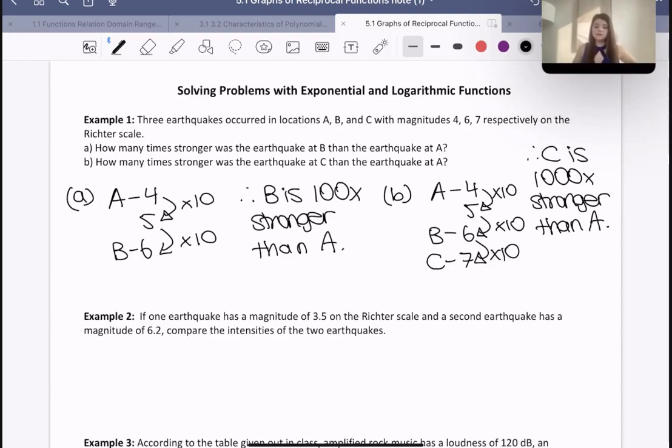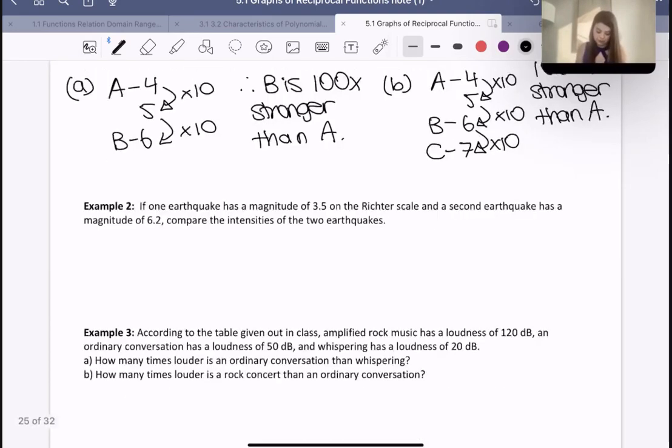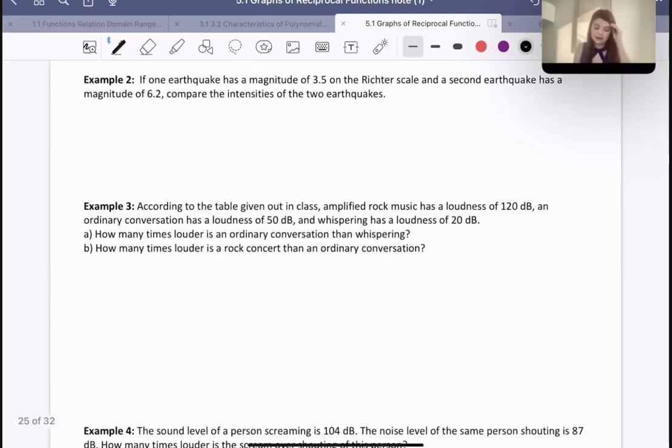Okay, so let's move on to example 2. Example 2 says if one earthquake has a magnitude of 3.5 on the Richter scale and a second earthquake has a magnitude of 6.2, compare the intensities of the two earthquakes. So they want to know basically how many times stronger is the 6.2 as compared to the 3.5. So to compare, we're going to say, well, the one has the magnitude of 10 to the power of 6.2, and the other one has the magnitude of 10 to the power of 3.5.